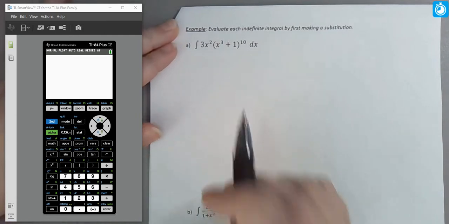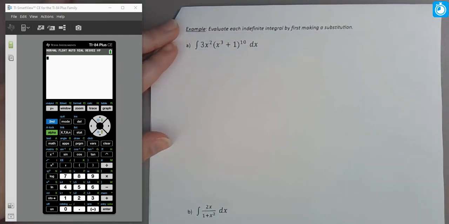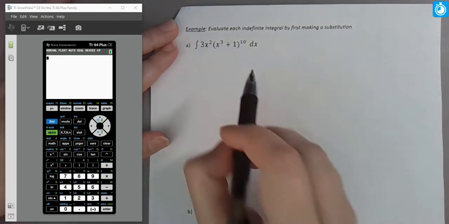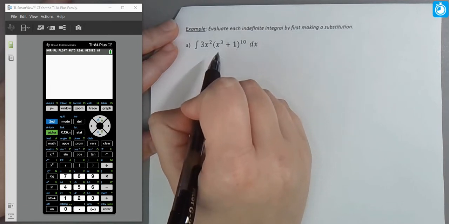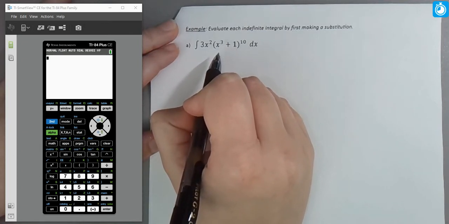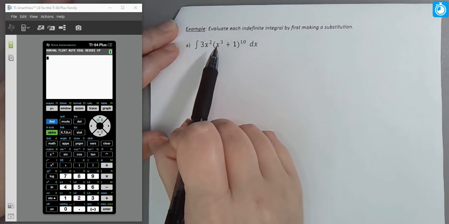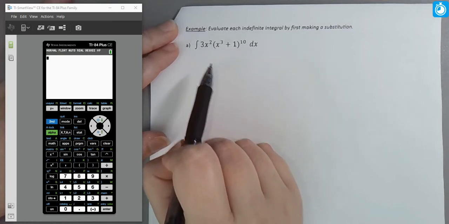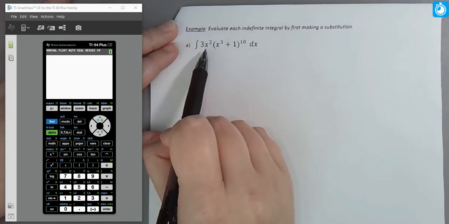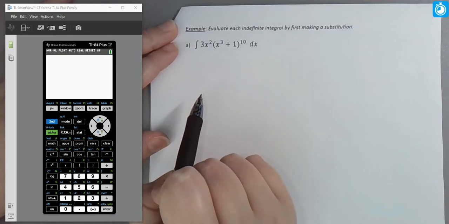Well, we know now in order to use this technique of substitution, if we identify an inner function, we also need to have its derivative present. So if we're thinking of x cubed plus 1 as our inner function, well, what would we get if we take its derivative? Well, if we were to just take the derivative of x cubed plus 1, we would get 3x squared. And notice that's what we have right here.